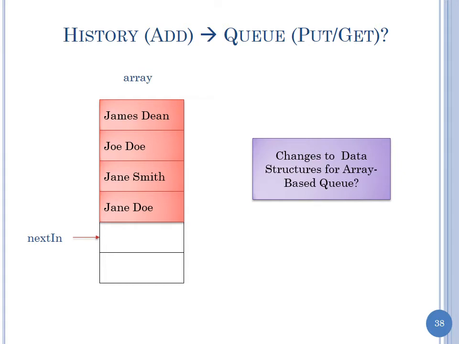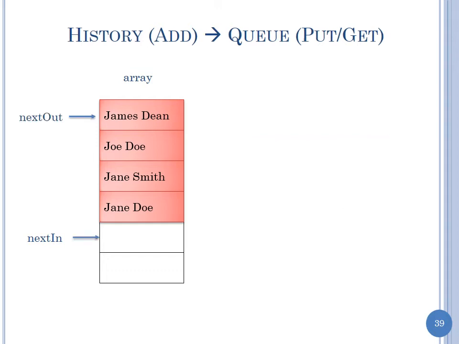The first question I'm going to pose for you is, I have an array and next in. We are going to still use an array. So tell me, what data structures do we need besides an array for an array-based queue? I named it next in, and if you're going to have something to remove, then it makes sense to have a next out pointer also.